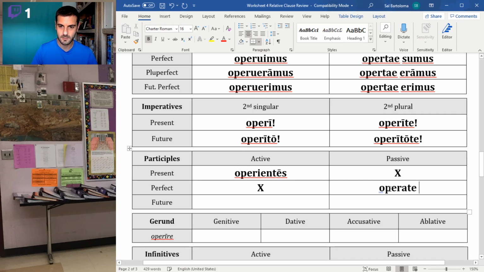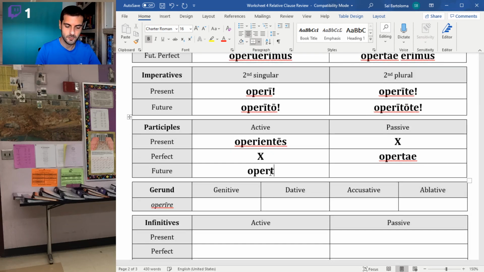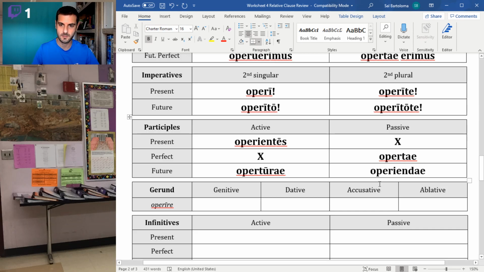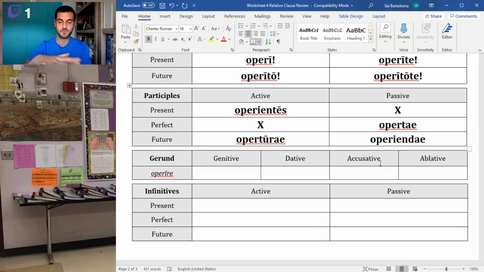Opertae, which is going to autocorrect on me. Opertae, that is stuff that's been covered. Operturae, those are people who are about to cover something. And operiendi are things that must be covered. And this is physical covering. Just to make sure, we're talking about like, you know, putting something on top of something else.